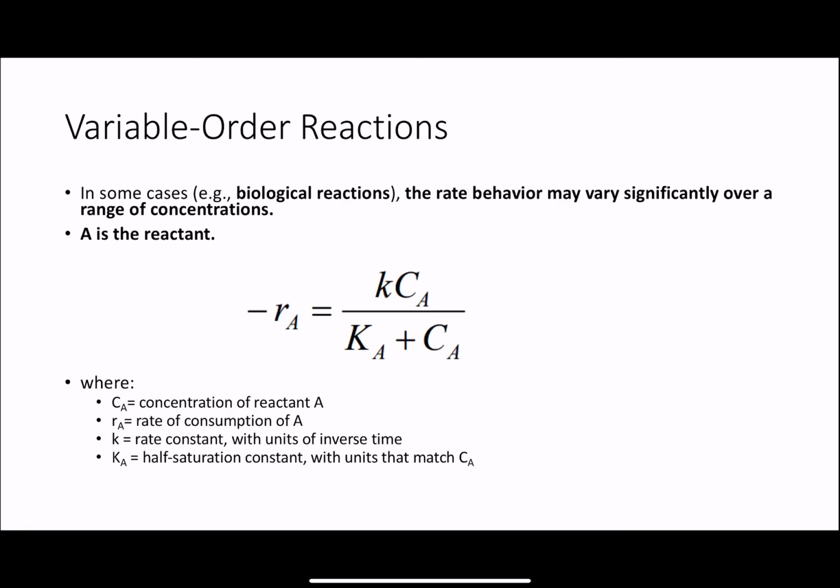What I need to show you is this equation, which we call the Monod equation. The Monod equation is very important once we study biological treatment. In some cases of biological reaction, the rate behavior may vary differently over a range of concentration. For a reactant A, let's say that minus Ra, the consumption of A, that's why it's a minus, is equal to k, the rate constant, times Ca, the concentration of reactant A, divided by Ka, the half saturation constant, plus Ca.